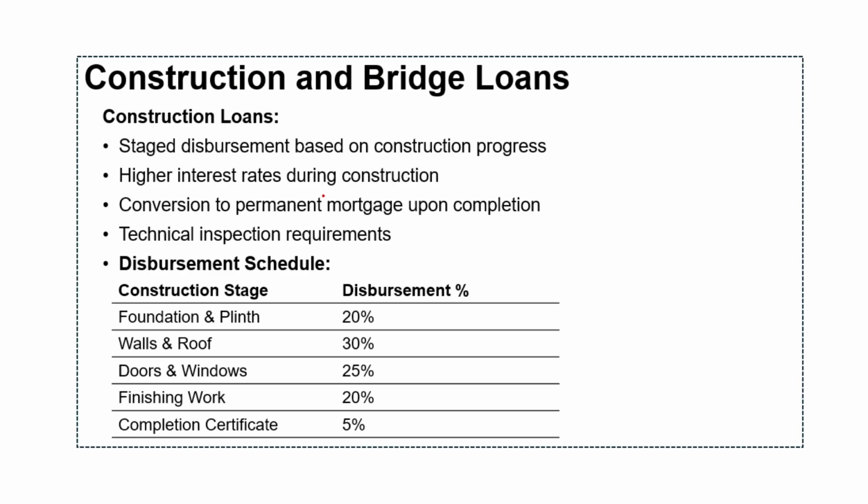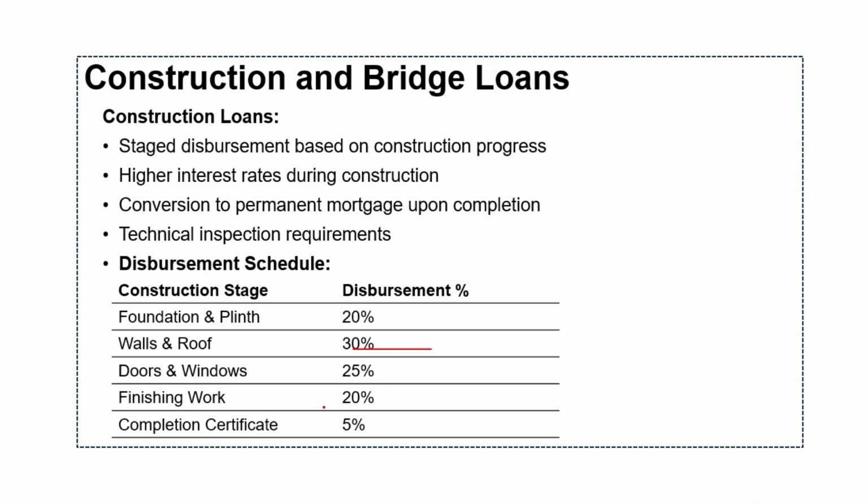Foundation and plinth work at 20% establishes the building's basic structure and legal status. Walls and roof completion at 30% creates weather protection and substantial asset value.